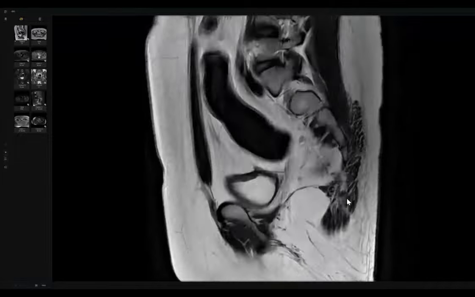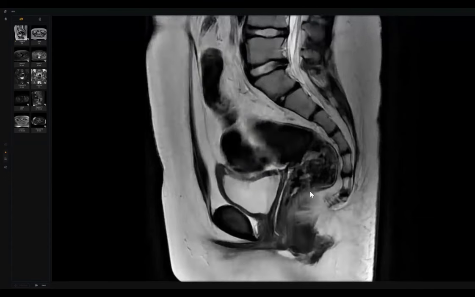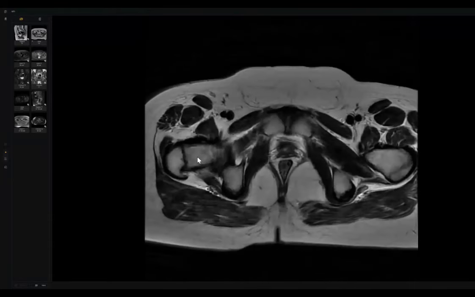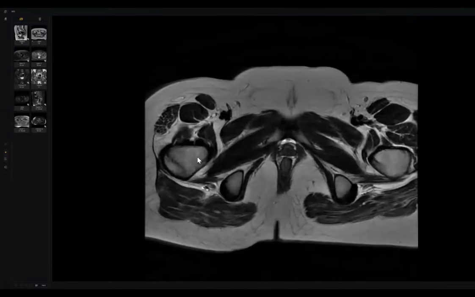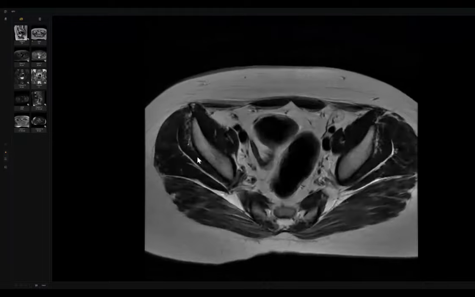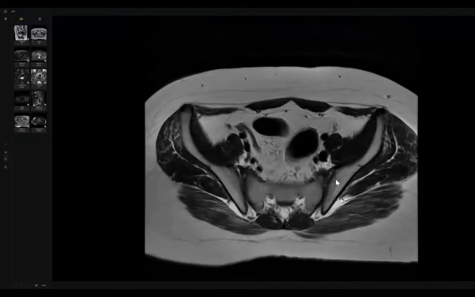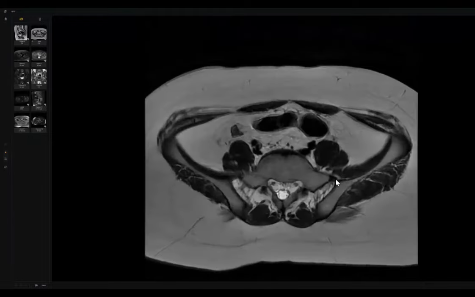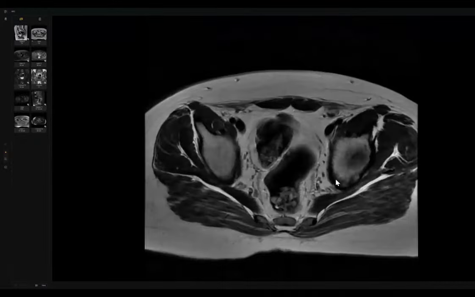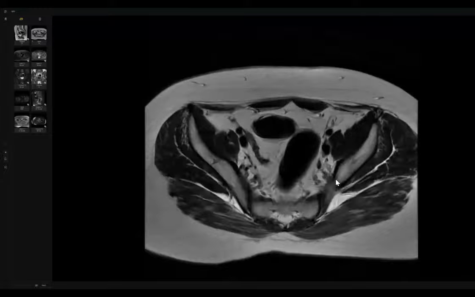Which sequence do you want? I need axial T2 sequence. I couldn't see the uterus in this sequence, and also I couldn't see the ovaries.